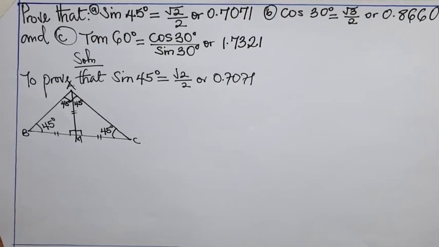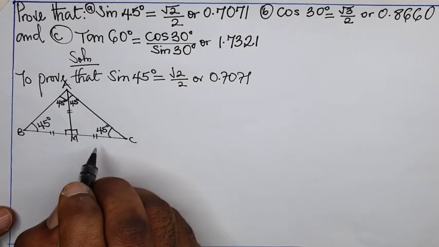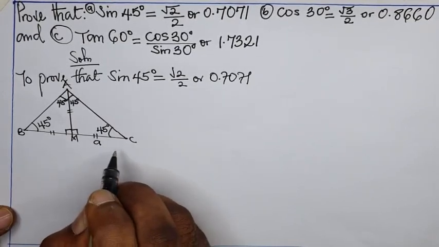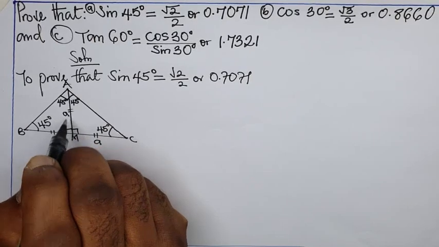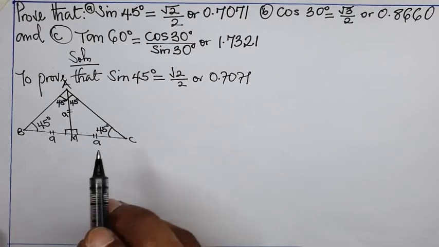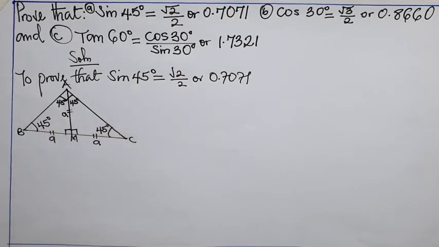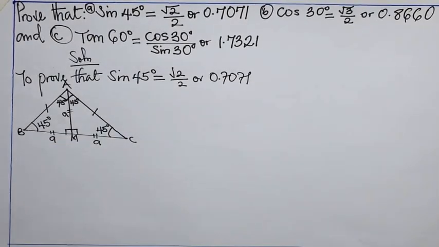Now to prove this, I am going to take an arbitrary variable to represent the length of AM and MC. Let's say that the arbitrary variable we want to use here is a. Let the length of MC be a. In that case, AM is also a and BM is a. We want to find the value of AC or AB. Both of them are going to be equal, so I can use just one to represent both of them.